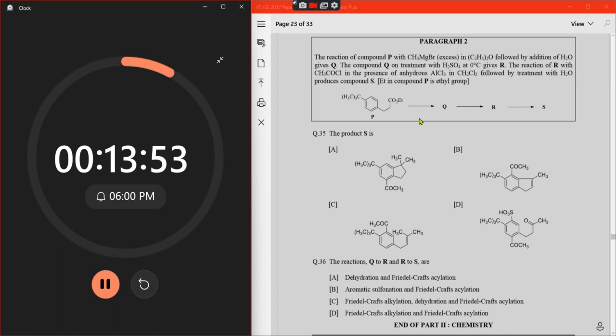It's not what I expected. What if it's just that? Yeah, acylation, right? Followed by the treatment with H2O produces compound S. So just acylation, of course. So dehydration and Friedel-Crafts acylation. So I think 36 is E.